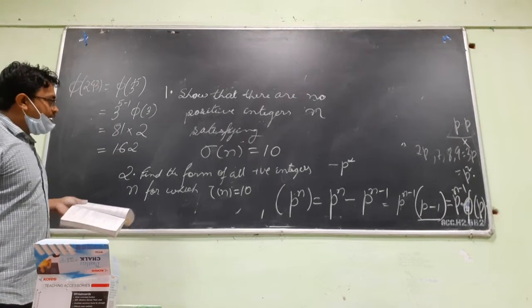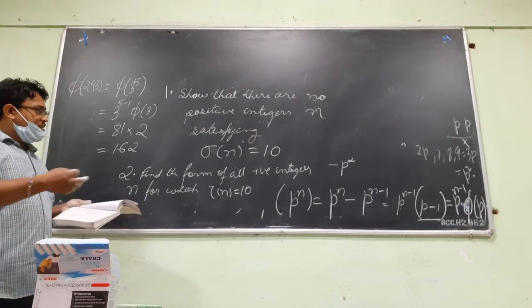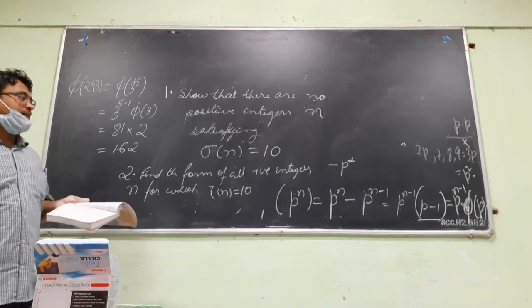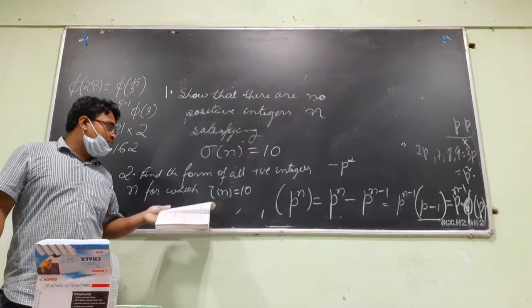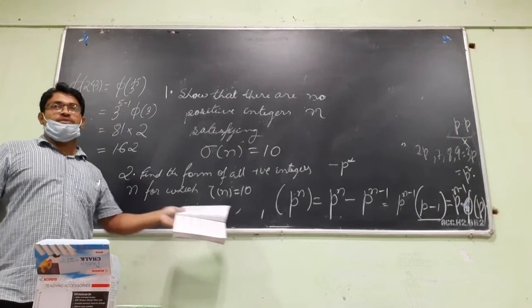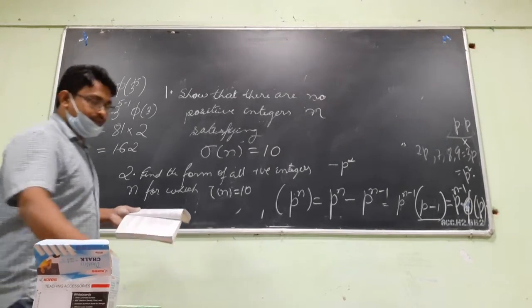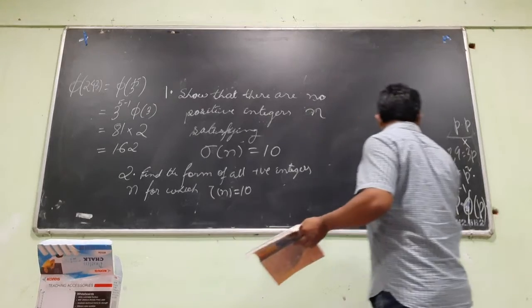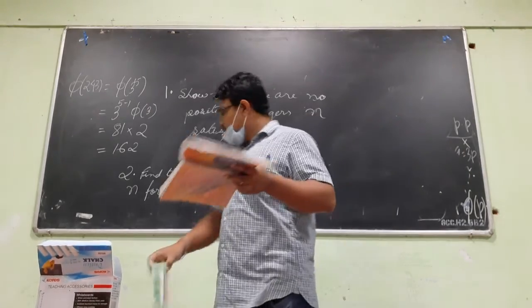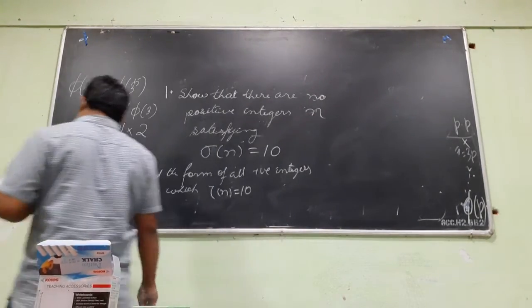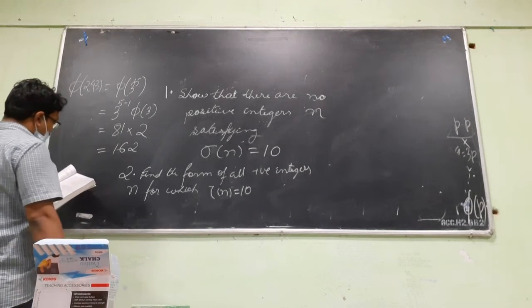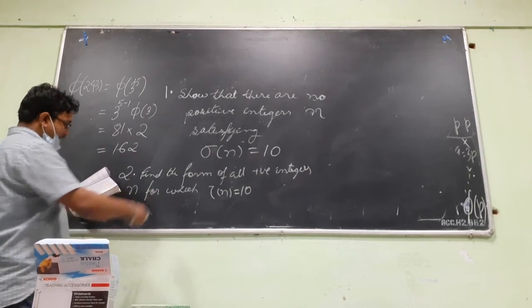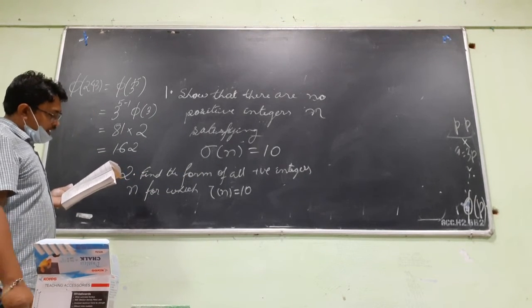That means you have to find what type of integers, or how those integers will look: the integers that have exactly 10 positive divisors. There are infinitely many such integers, so you have to find the form of all positive integers n for which tau of n equals 10.